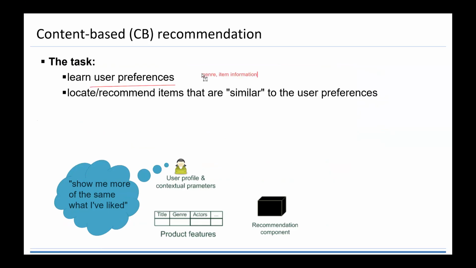And we can recommend items that are similar to the user preferences. So if the item or the genre are similar, then we can recommend those to the respective users.